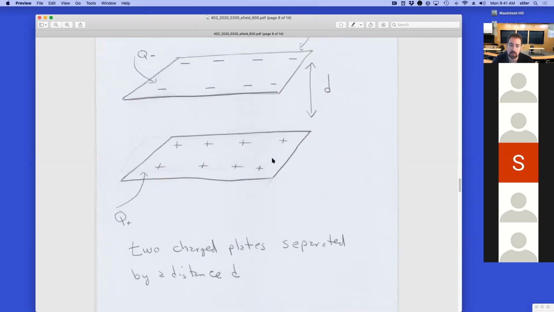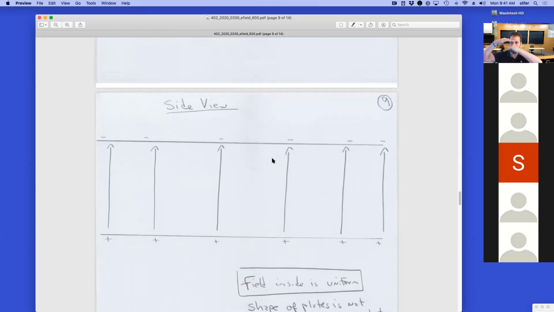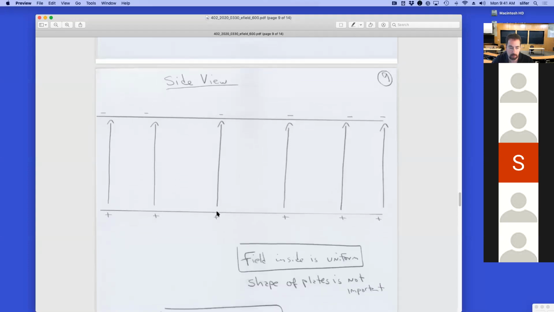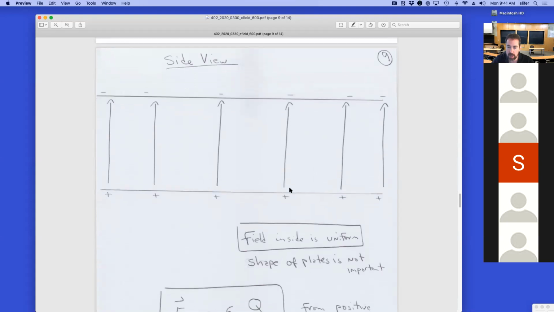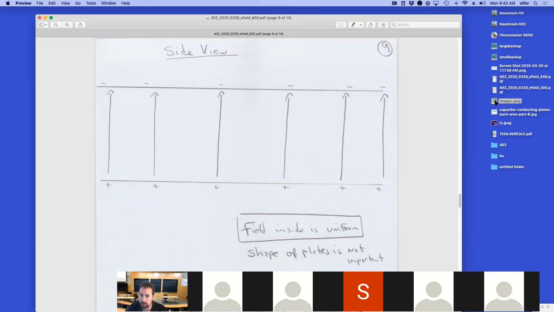When I do this, if I look at this now on the side, I have my 2 parallel plates on the side like this, the electric field in that region is going to be very uniform, right? It's always going to point from the positive plate to the negative plate, and it's always going to have the same magnitude, and the actual configuration of the plates is not so important.